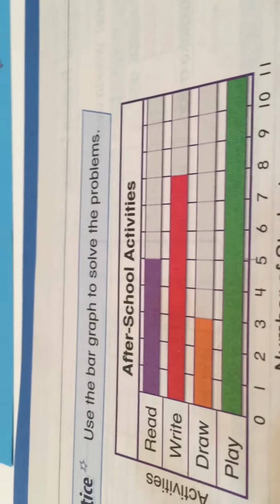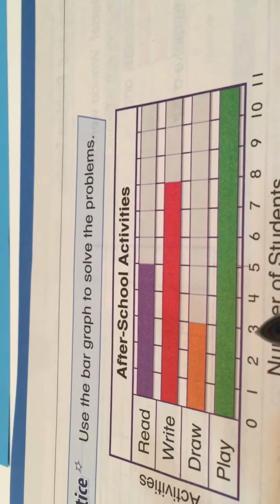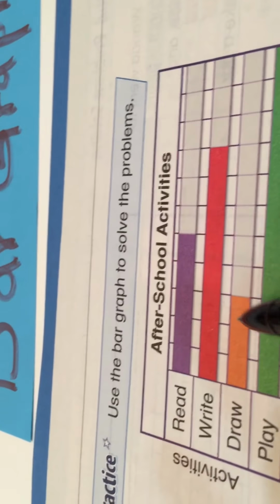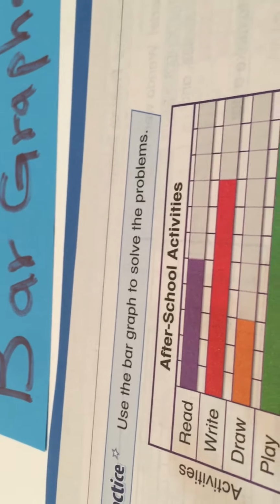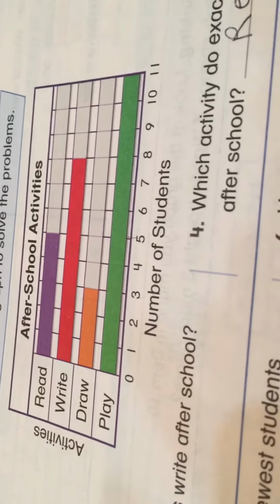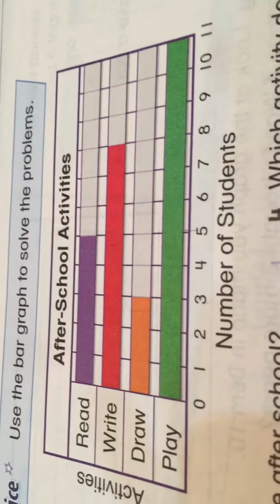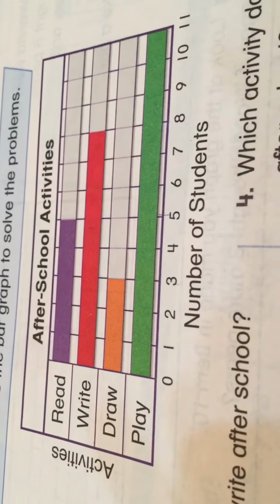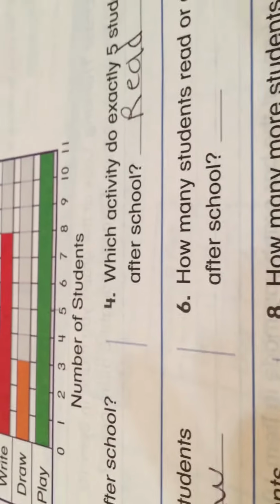If you go down, it is only 3, and that is draw. So which activity do the fewest students do after school? The activity of drawing. So draw is our answer.